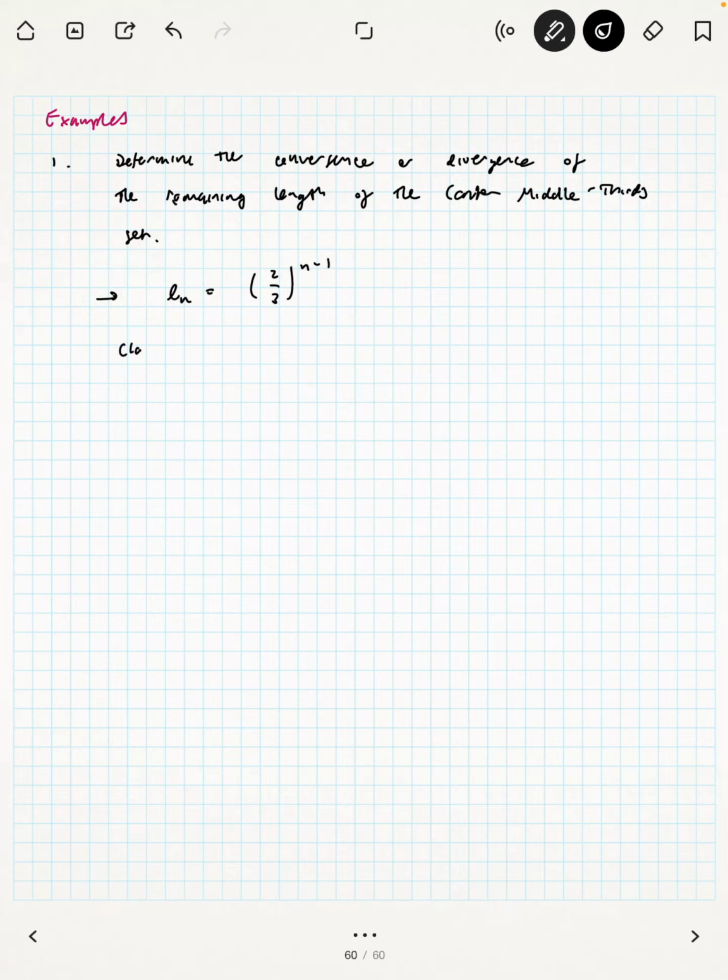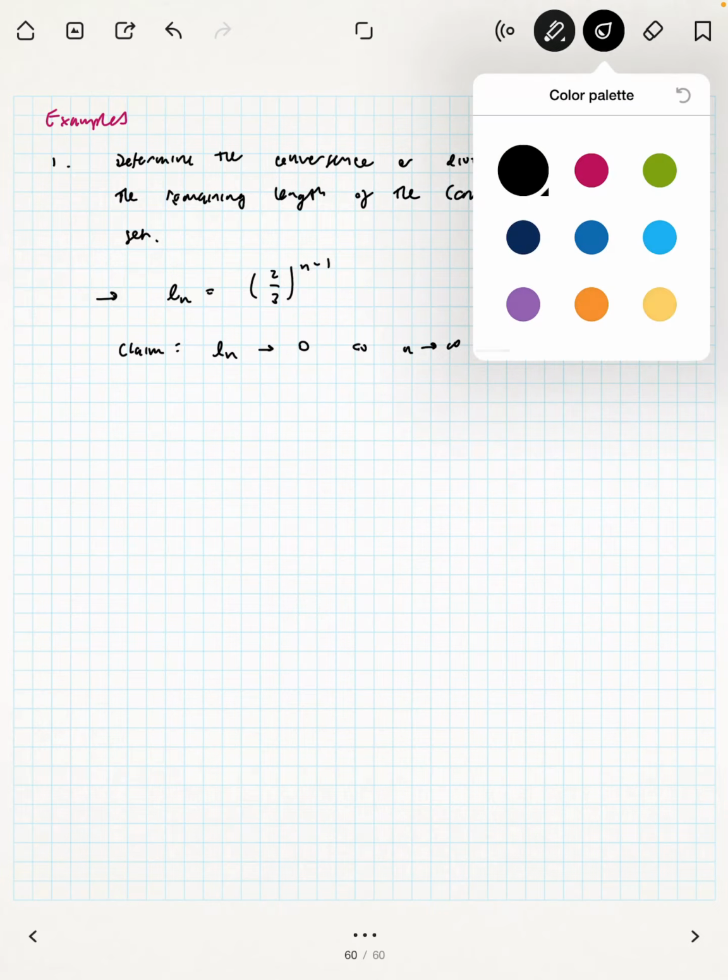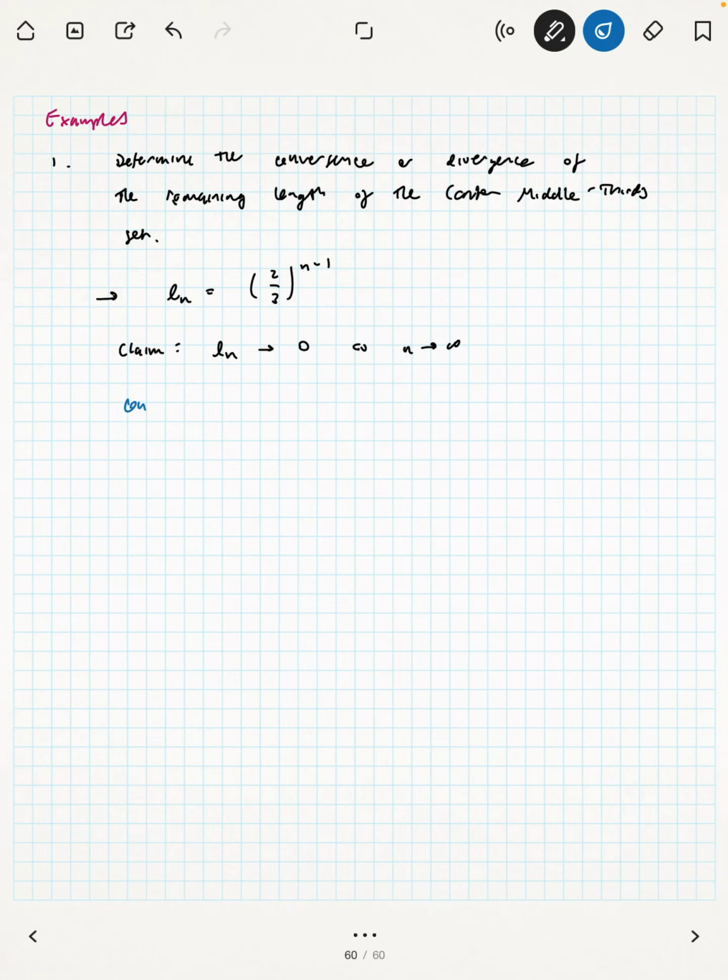I claim it doesn't, so my claim is that L sub n approaches 0 as n approaches infinity. So it converges to 0, okay? So, how do we verify this? Well, here's one critical consequence of the limit laws.